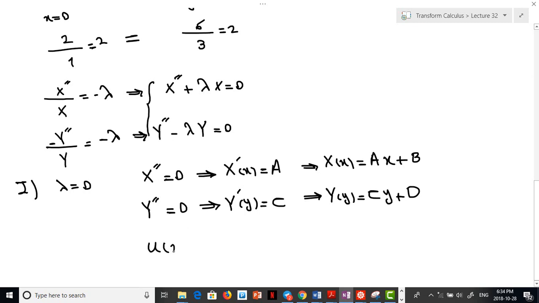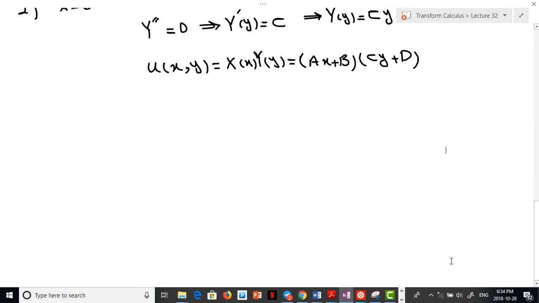As a result, u of x and y, which is equal to x of x times y of y, is equal to (ax plus b) times (cy plus d). So we could solve this partial differential equation if we assume that lambda is equal to 0. Now I want to solve it if lambda is a positive number. So that is the second part of the solution.